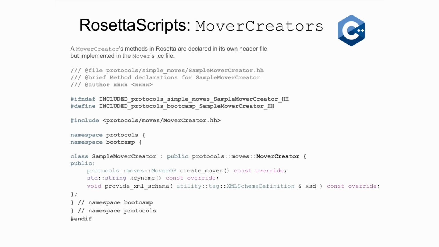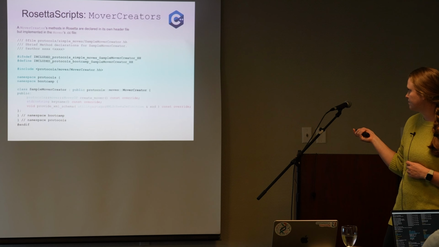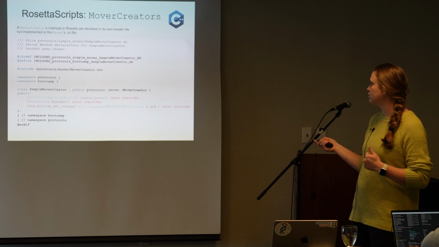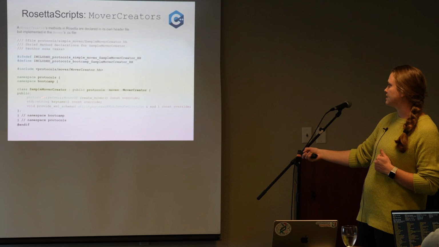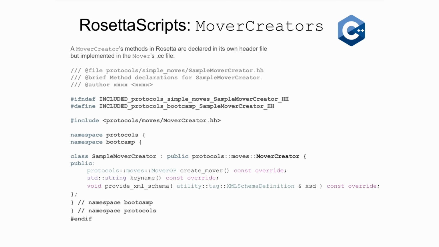Within your creator, you're going to have a create mover function that, like it says, creates your mover. You're going to need the key name function that connects the string of the name of your mover and the string that you're using in your XML script to call it. And then the provide XML schema.